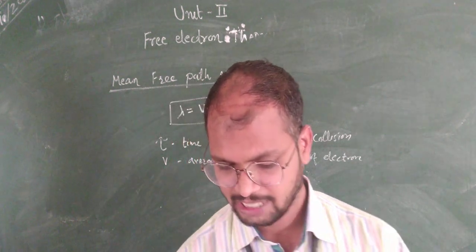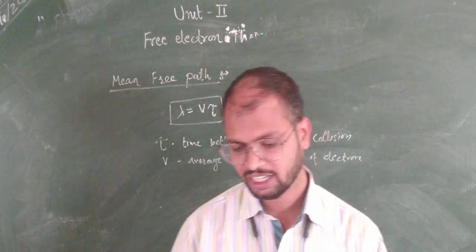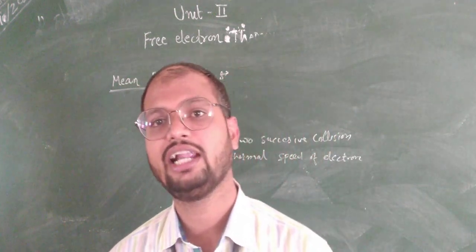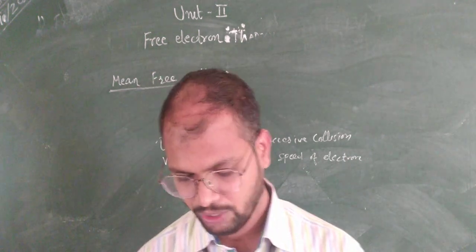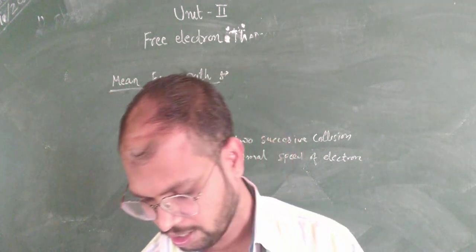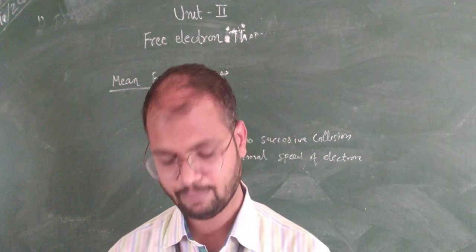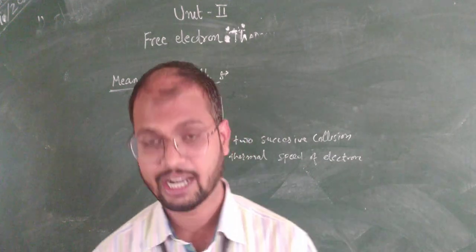And the second assumption is that the assembly of free electrons in a metal is called electron gas. The metal ions are bound to electrons by an electrostatic force of attraction between the positively charged ions and the negatively charged electron gas.